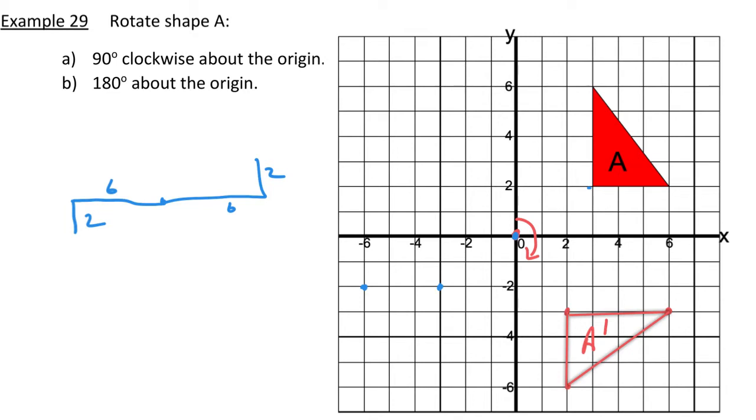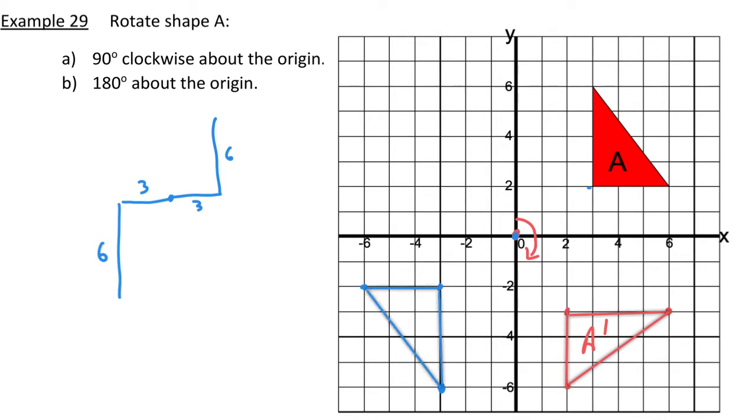And then the last point, from the origin we go right 3 and up 6. And that rotated 180 degrees would be left 3 and down 6. And if we do that from the origin, we get to the point minus 3, minus 6. And joining those up, we get this triangle, and we're going to call it A double dash.